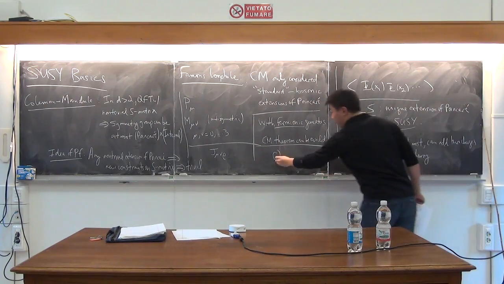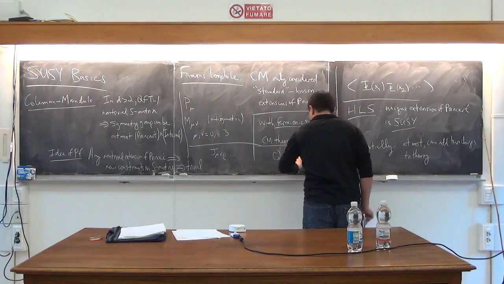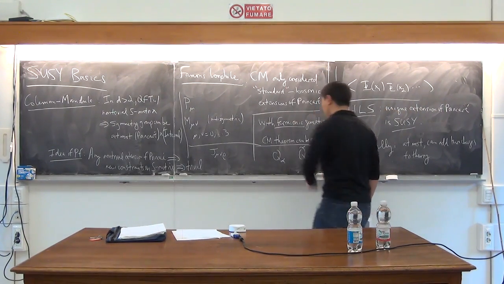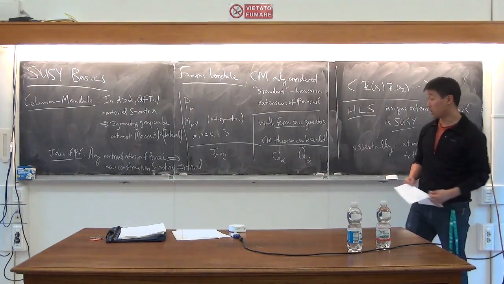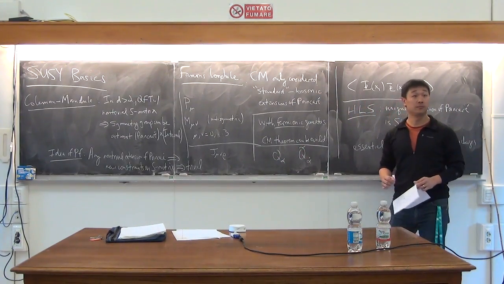So you can add Q alpha, a spin 1/2 generator, and Q tilde alpha, another spin 1/2 generator. This one's left-handed, this one's right-handed.